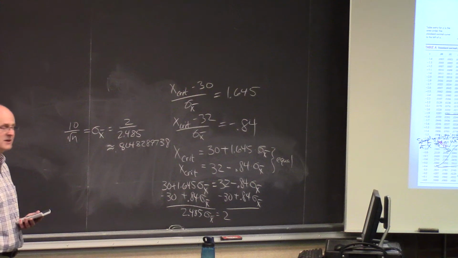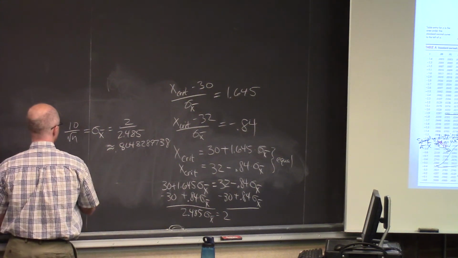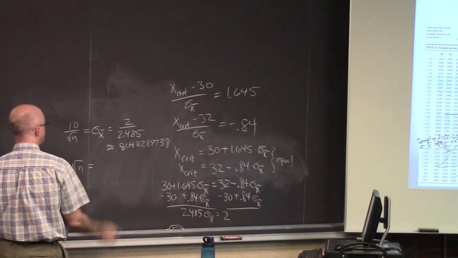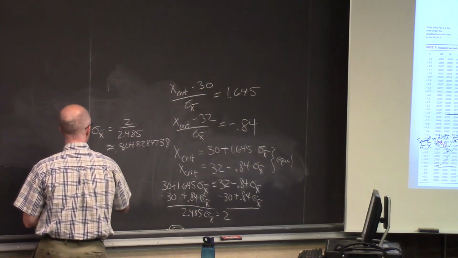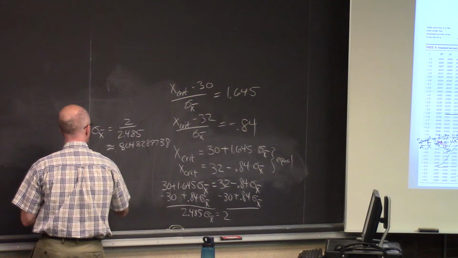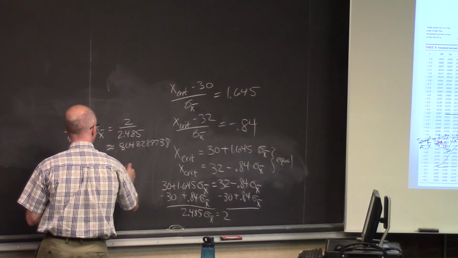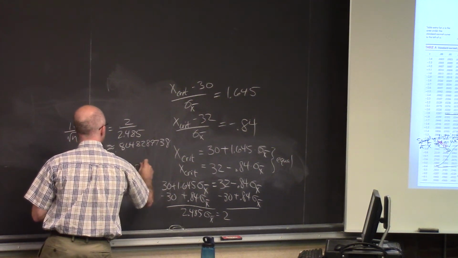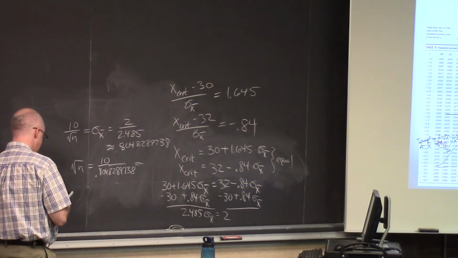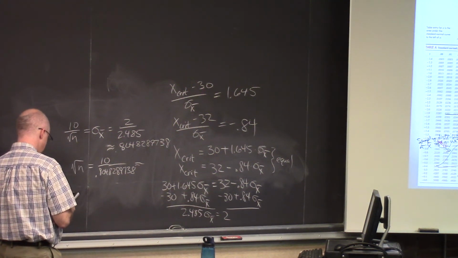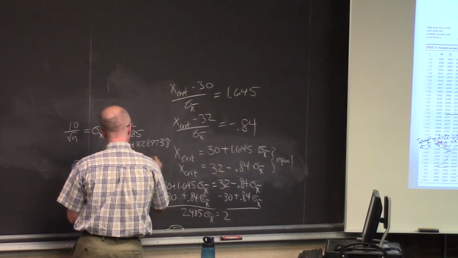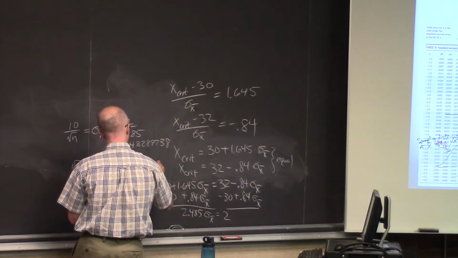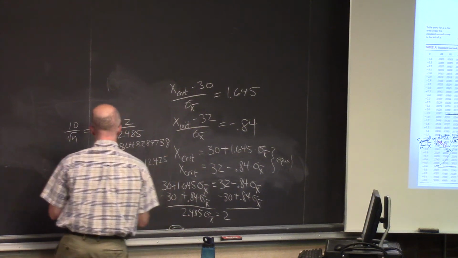Now we can solve that equation for n. Square root of n, if you cross multiply, is going to be 10 divided by 0.804828978, which actually comes out to exactly, when you use more decimals, 12.425. That's the square root of n.